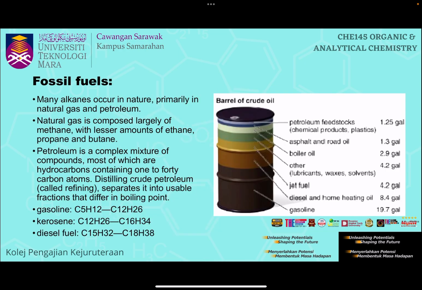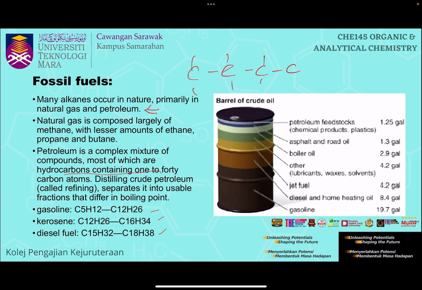So what are the uses of all these? Most alkanes are available in nature, primarily in natural gas and petroleum. The oil that we use, the fossil fuel petroleum, is a complex mixture of hydrocarbon compounds containing 1 to 40 carbon atoms. So that's why you have this cracking and all that.